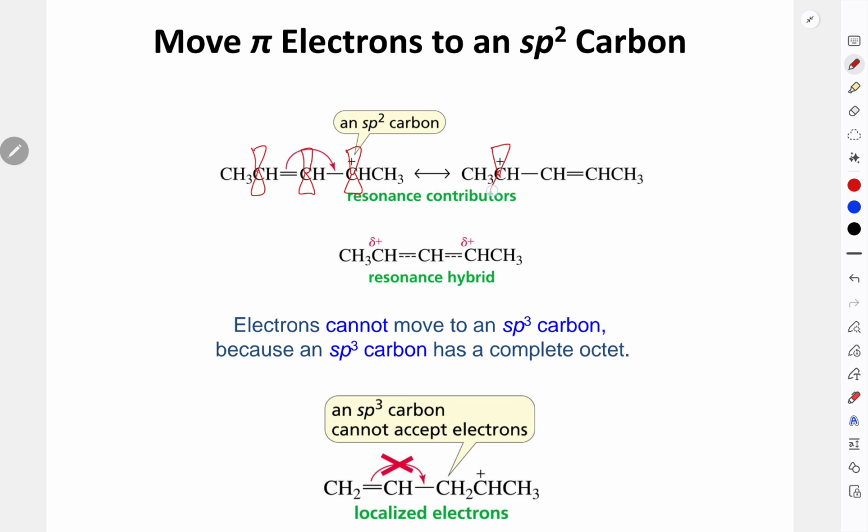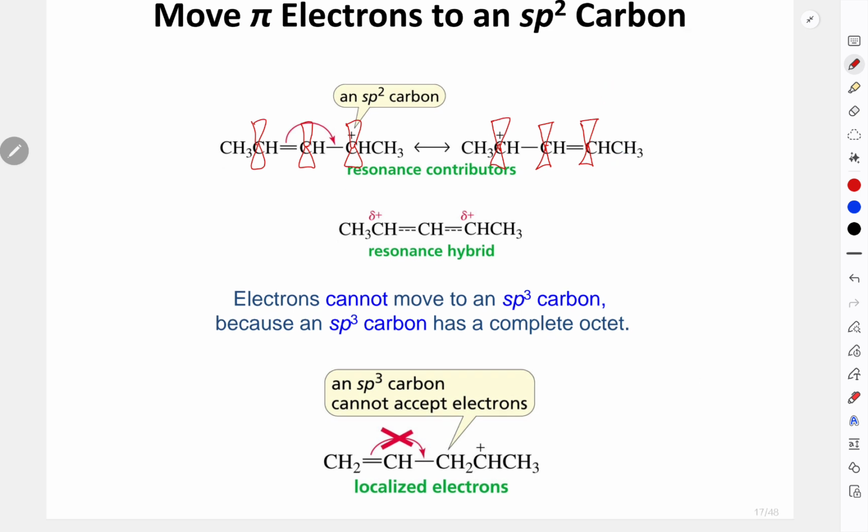But applying the rule that we just covered in the previous slide, you can draw the second resonance contributor. The pi electrons in this pi bond can move to the sp2 carbon, or in other words, the p orbital in this sp2 carbon.